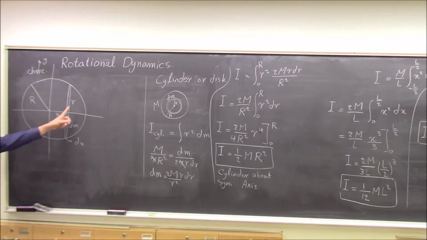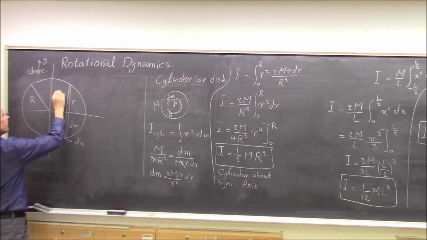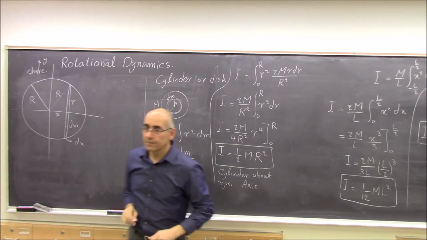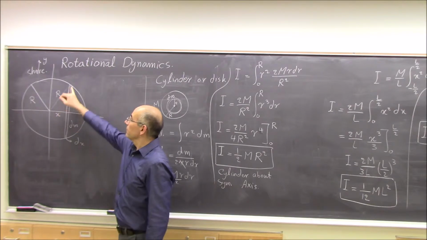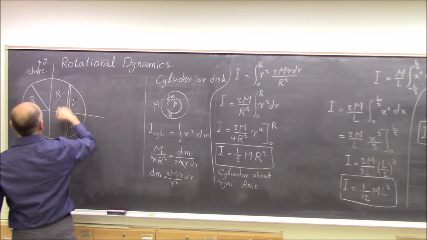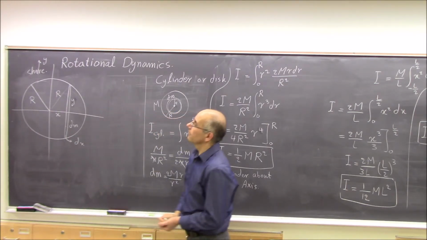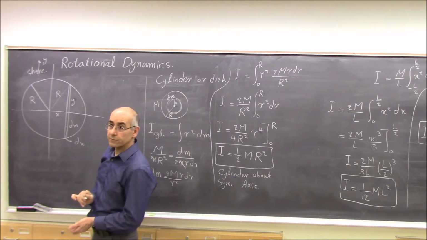And what's the relationship between r and x? Then this is also r, right? Or you can call it y if you want. Let's call it y, which is the radius of the disk. Okay, so you have x squared plus y squared equal to R squared, right?